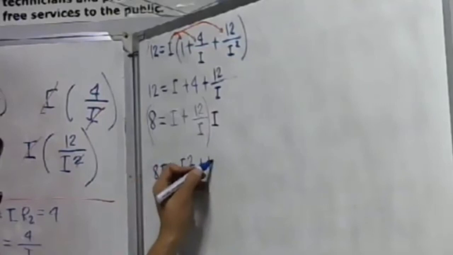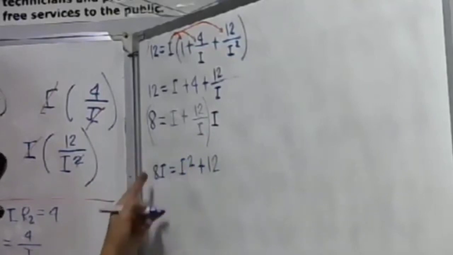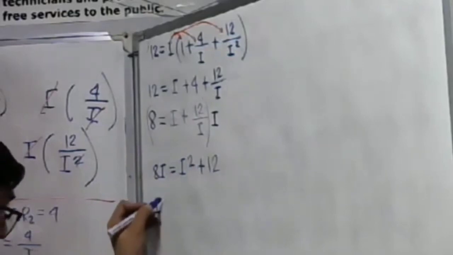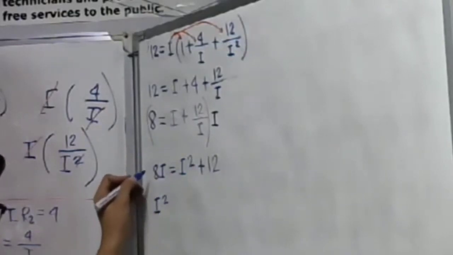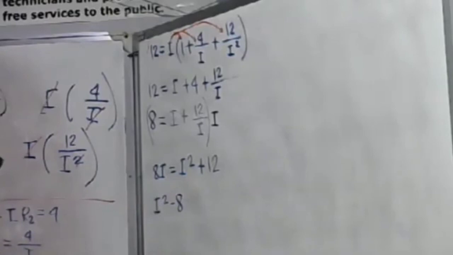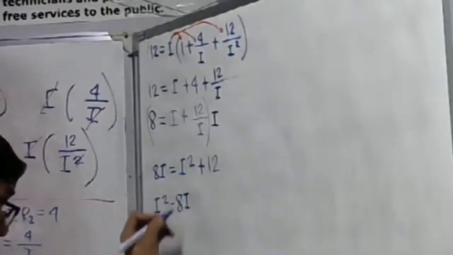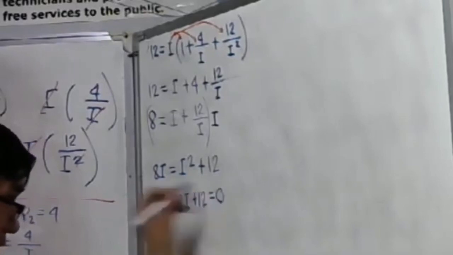That's simply equal to 12. Now, let us transpose this 8I. So that will become I squared, then transposing positive will become negative, negative 8I plus 12. That is equal to 0.